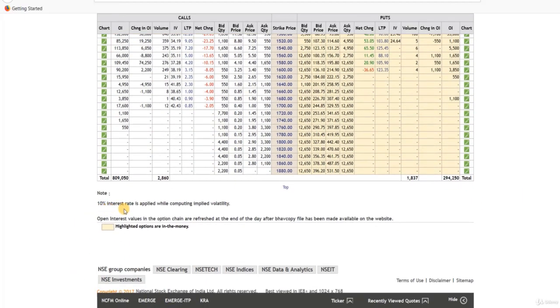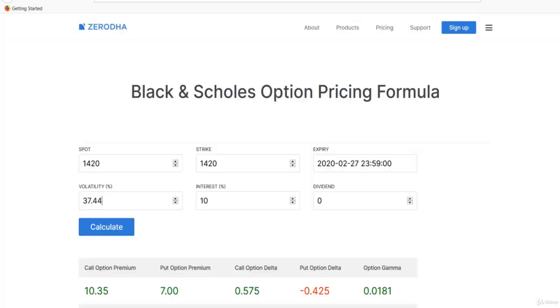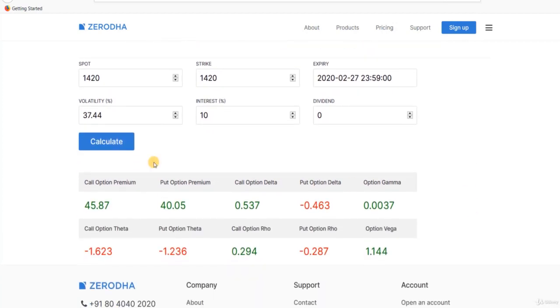See, this is 10% interest rate and this is the risk-free interest rate. If we calculate the options Greeks for this put option, these are the options Greeks. This is delta, this is gamma, this is theta, rho and vega. So these are the options Greeks and these are the call and put premium for this current strike.